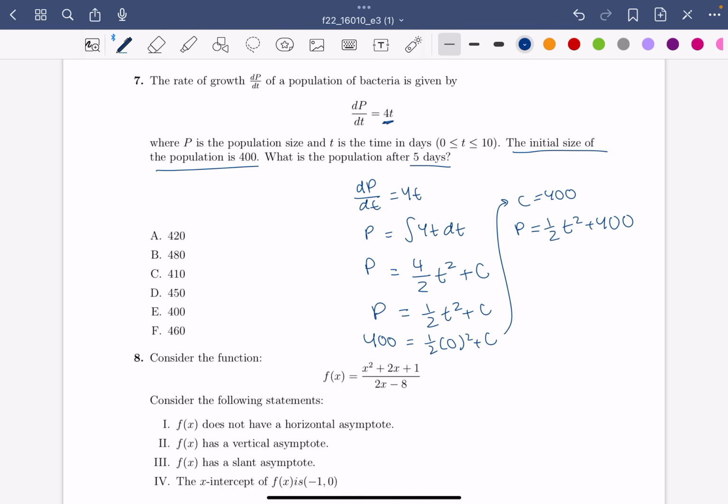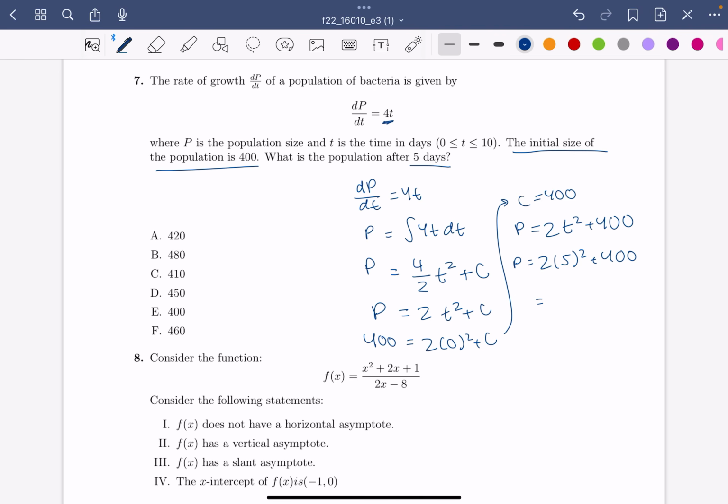Now we can plug in the 5 days here, so we get p equals 1/2 times 5 squared plus 400, which equals, oh, not 1/2, oops, I said 1/2 almost the whole time. I meant 2, so let me fix that real fast. 4 divided by 2 is not 1/2, it is 2. It still doesn't affect our constant because 2 times 0 is 0.